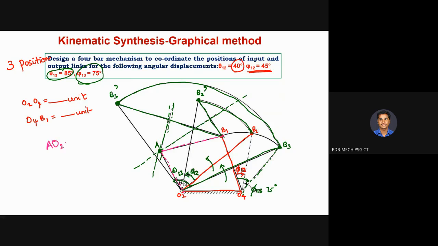AO2 is your crank and AB1 is the coupler.